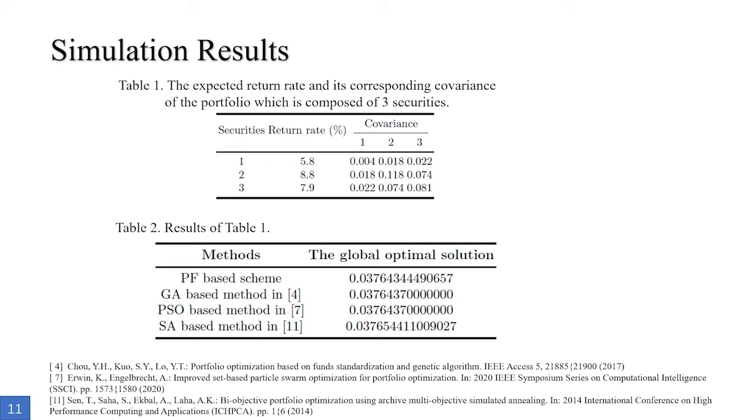Then we optimize this portfolio optimization problem with the proposed scheme and compare it with some related schemes. Results are presented in Table 2. As we can see, the optimal solution of the proposed scheme is smaller than other schemes. The optimization accuracy of the proposed scheme is higher.